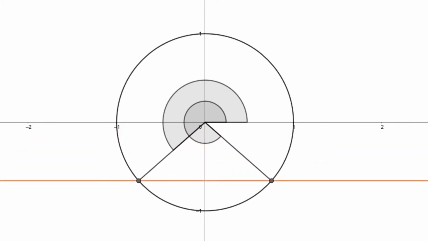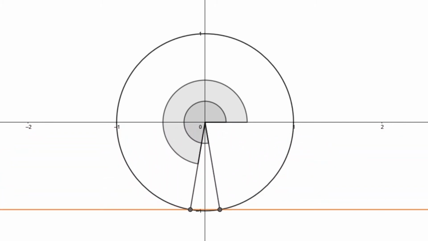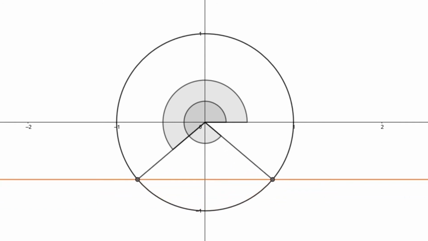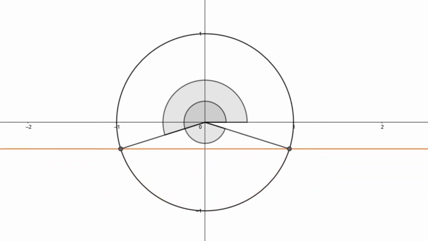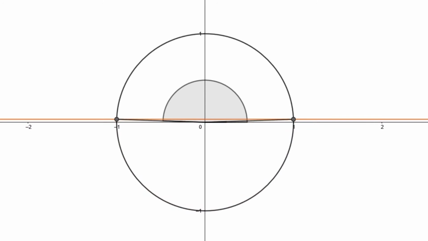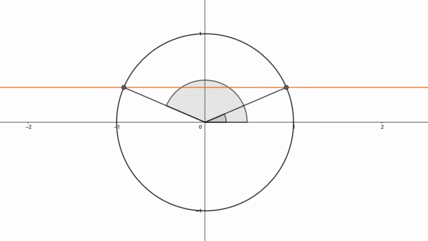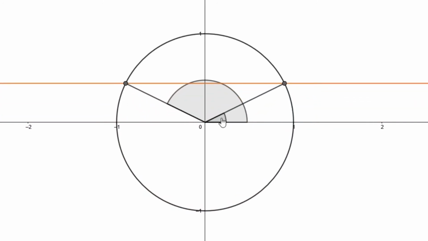More than that, it's easy to see the relationship between these two angles. It'll be easiest if we stop this at some point above the x-axis. So the smaller of these two angles could fit in this space between the larger angle and 180 degrees. Therefore, we can find one of these angles by subtracting the other angle from 180 degrees.